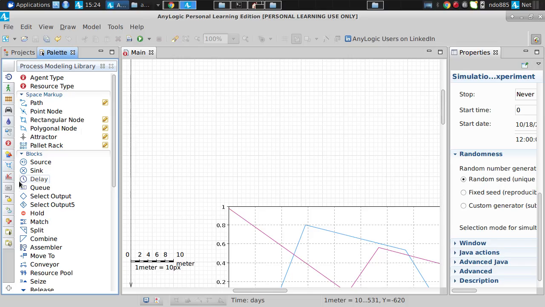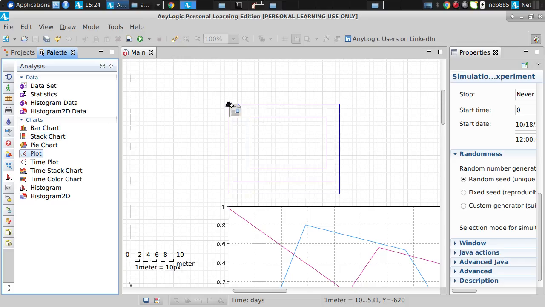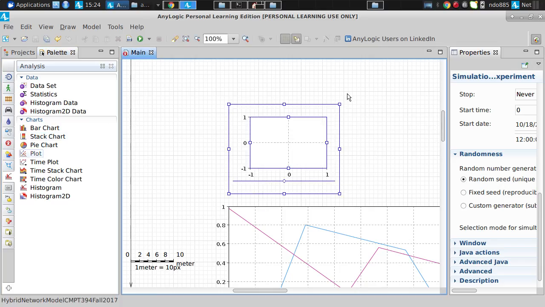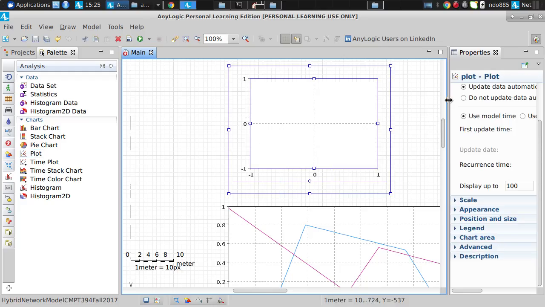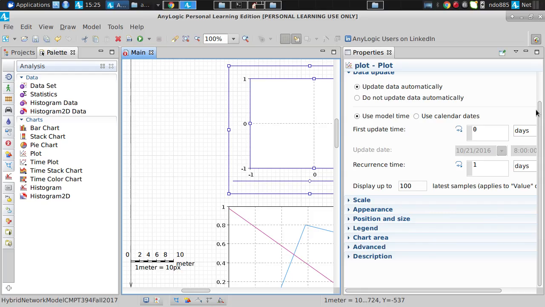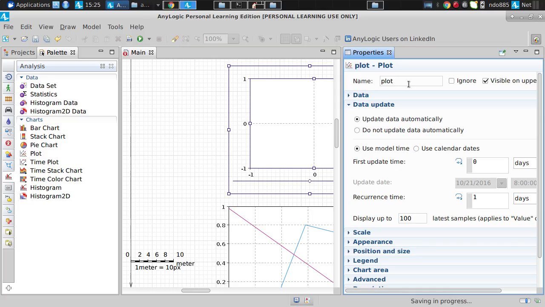Okay. So, ladies and gentlemen, I'd like you to go to Analysis and drag in a plot. Okay? Here we go. And let's call this SI state space plot.